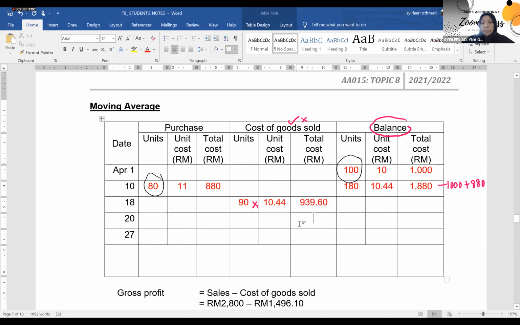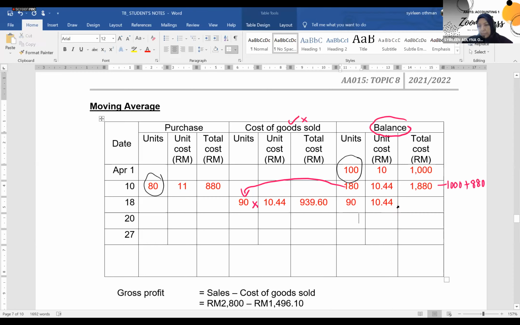Okay, so tadi awak ada 180 unit, you dah jual 90, so balance dia ialah 90 lah, tolak lah yang ni, tolak yang ni. Okay, alright, harga kos unit masih sama? Masih, tak berubah, dia masih RM10.44. Okay, so berapa baki yang tinggal?